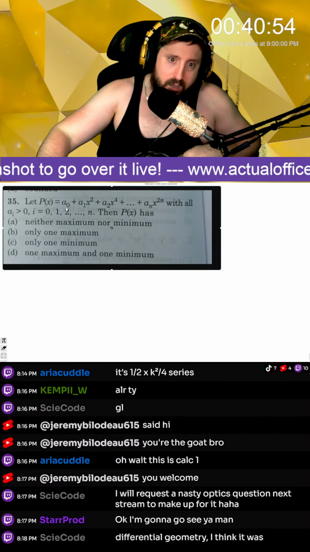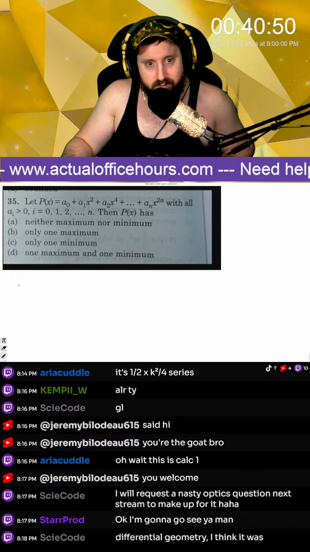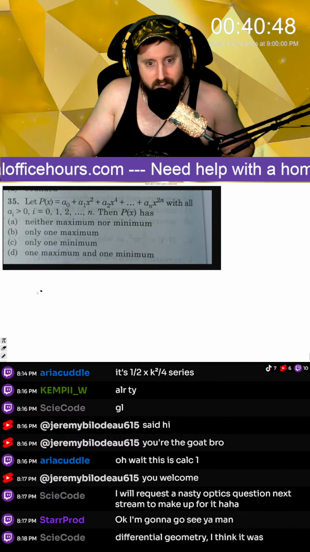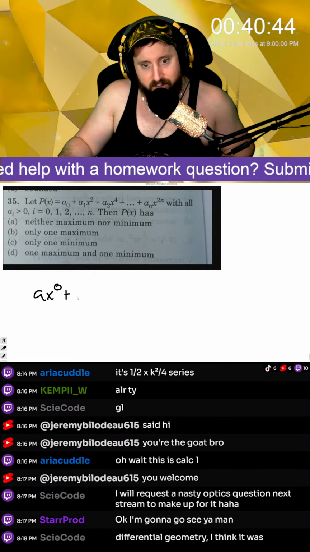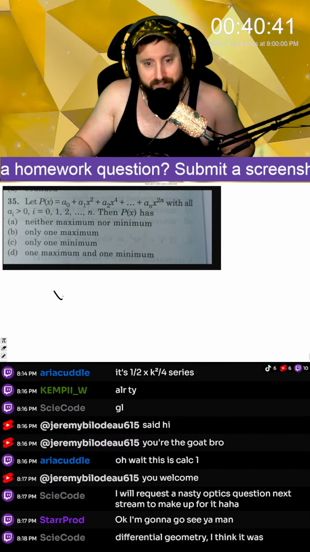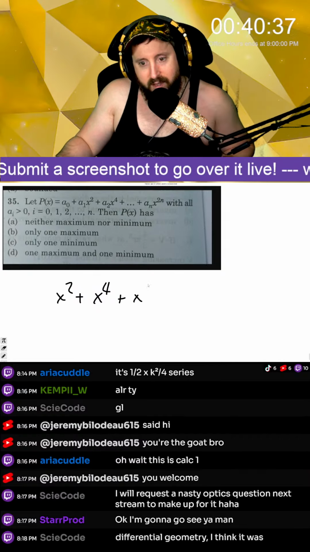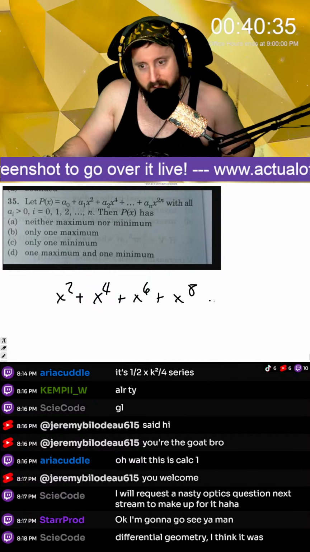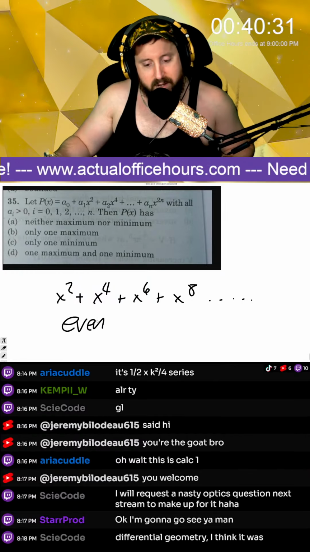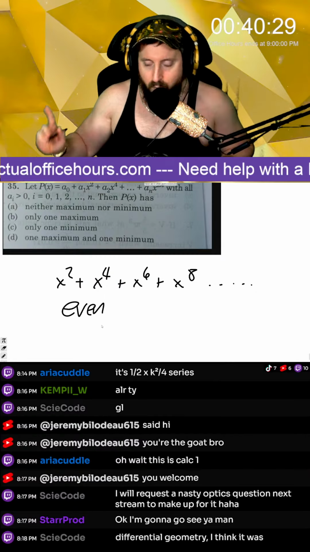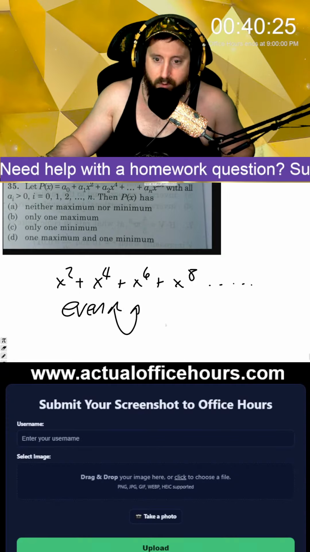Okay. Well, off the bat, I already know this is an even function, right? Since it's like x to the 0 plus x squared plus x to the 4th plus x to the 6th plus x to the 8th and so on, this is an even function. And even functions point the same direction for their end behavior. So they're either up, up, or they're down, down.